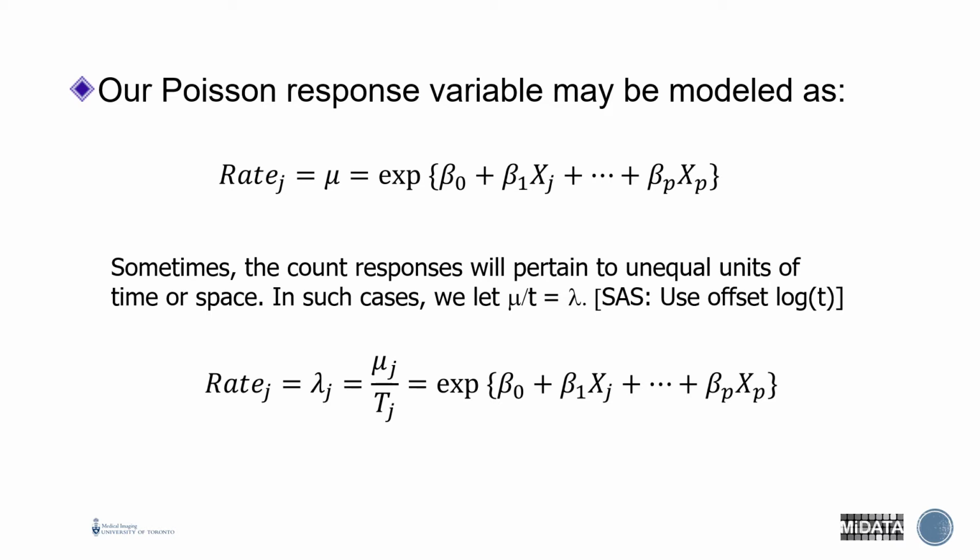Now, in SAS, in the coding, you would use the offset option of log of t, your time t. And so your Poisson regression equation will look like the one at the bottom of this slide, where you are now using the rate adjusted for the unequal units of time or space.